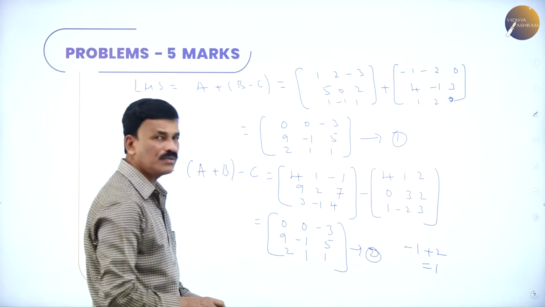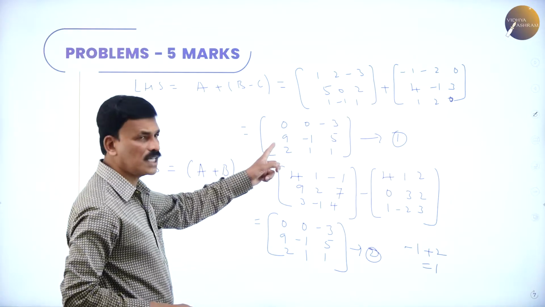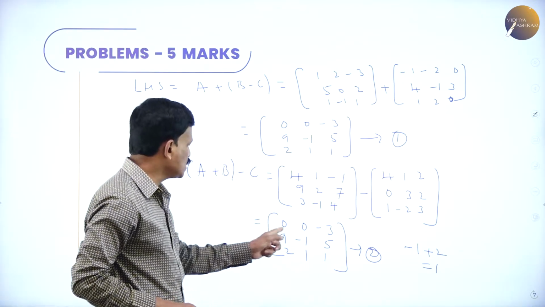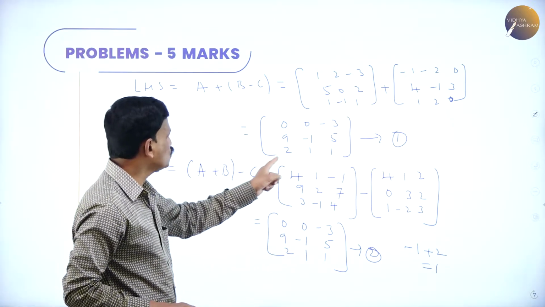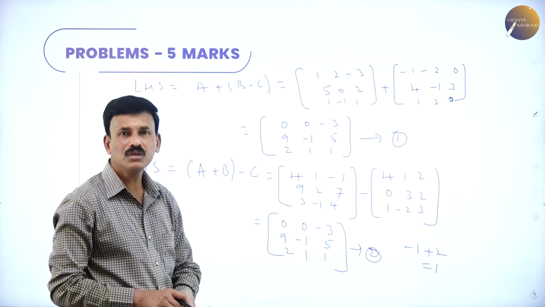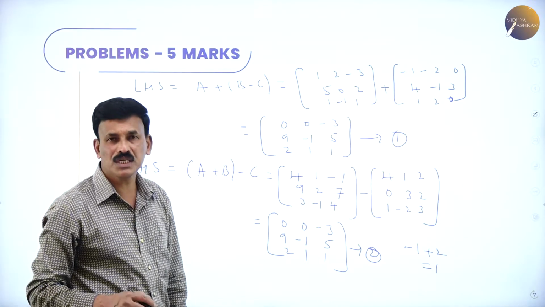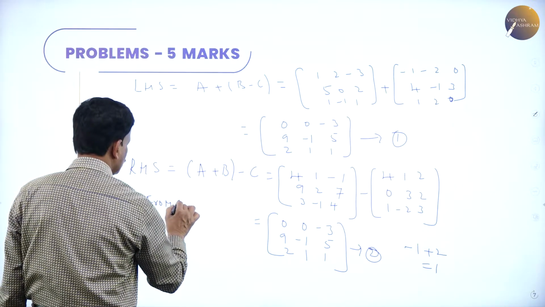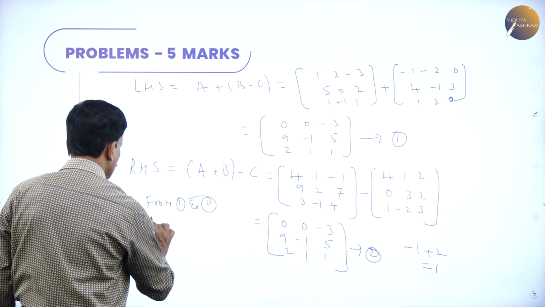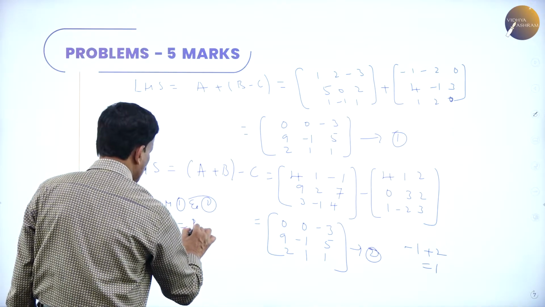Now, what do you say from equation 1 and 2? See, equation 1 and 2 are same: 0, 0, minus 3; 9, minus 1, 5; 2, 1, 1. So, from equations 1 and 2, we can say that LHS is equal to RHS.